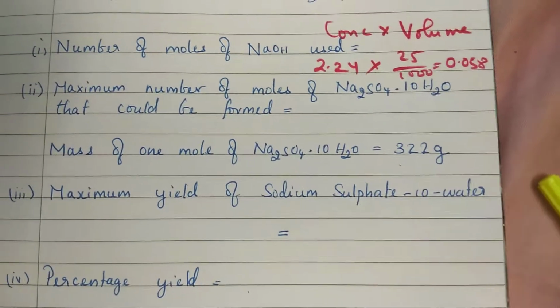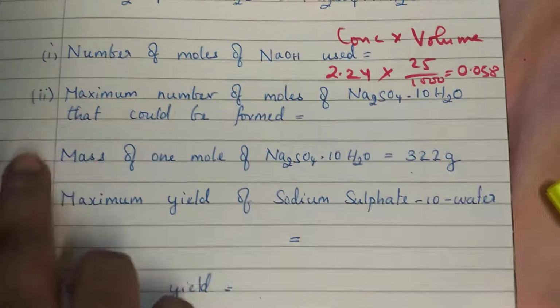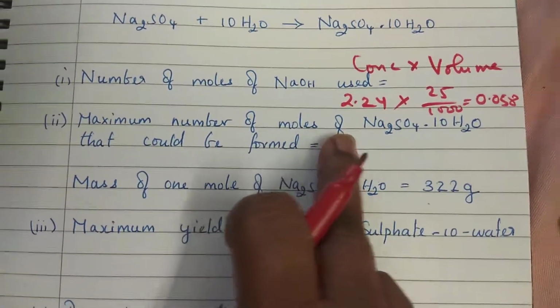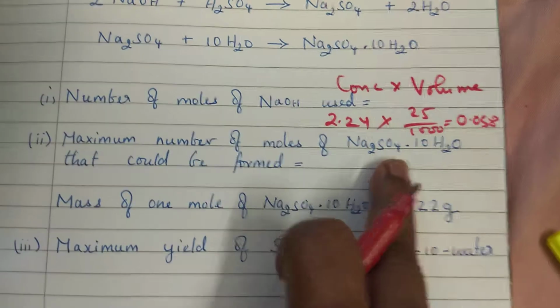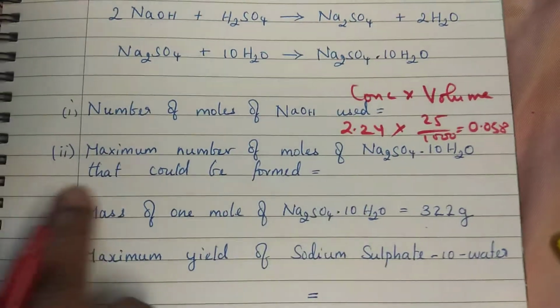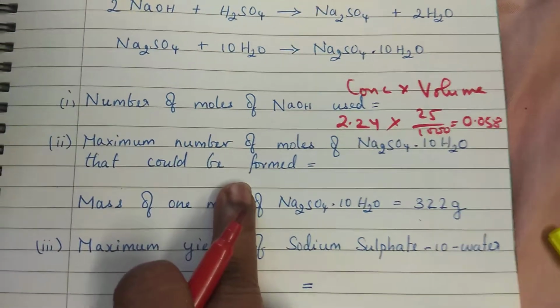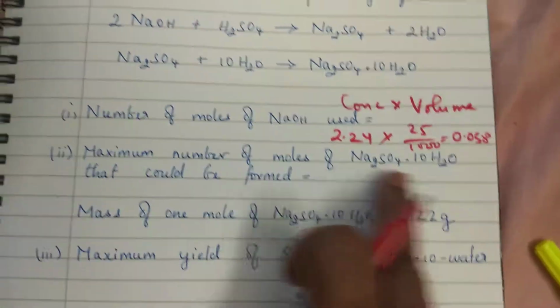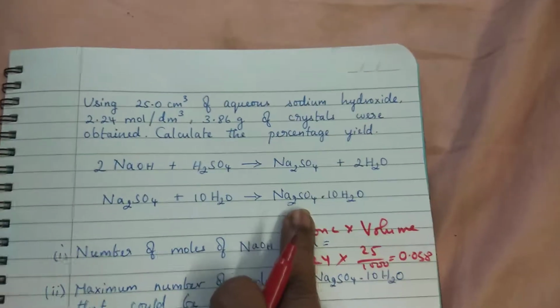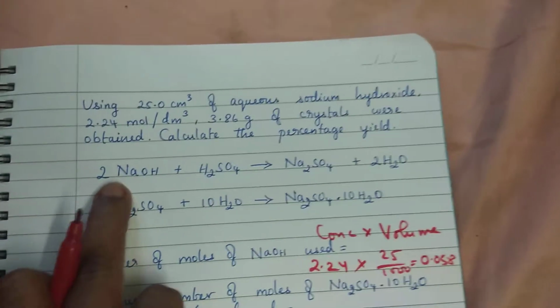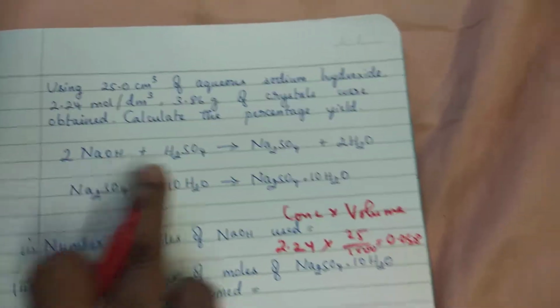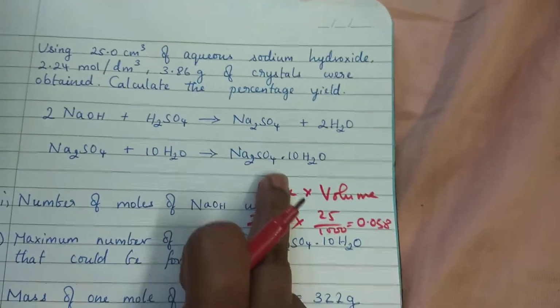The second question is the maximum number of moles of hydrated sodium sulfate that could be formed. How will you calculate this? By seeing the equation over here, 2 moles of NaOH give 1 mole of sodium sulfate.